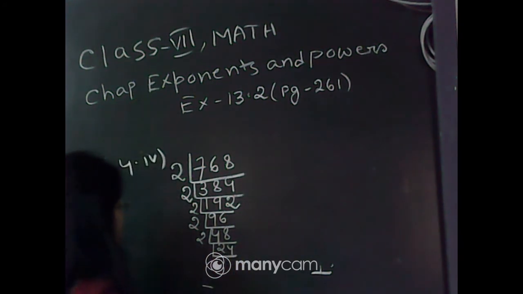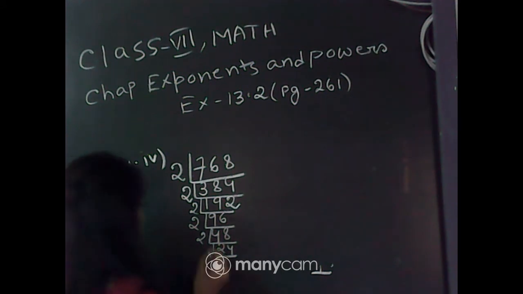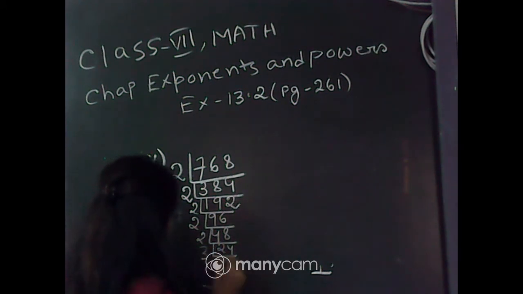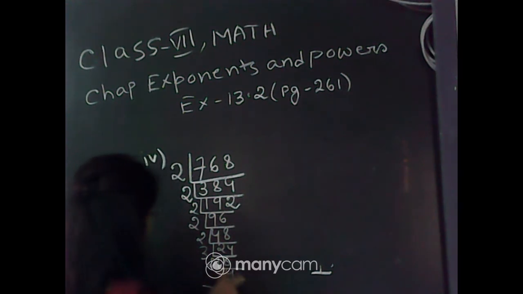Now we divide 24 by the prime number 3 and we get 8. We divide 8 by the prime number 2 and we get 4. And we divide 4 by the prime number 2 and we get the prime number 2.